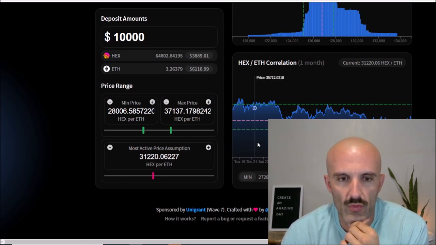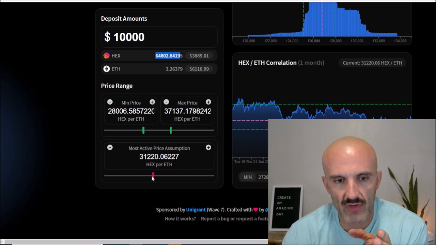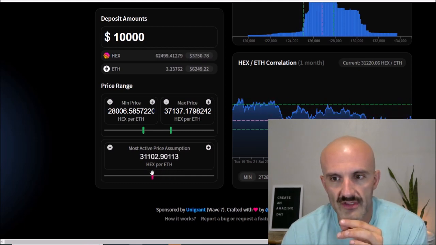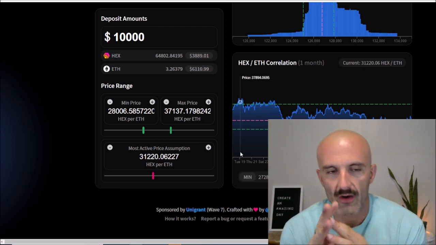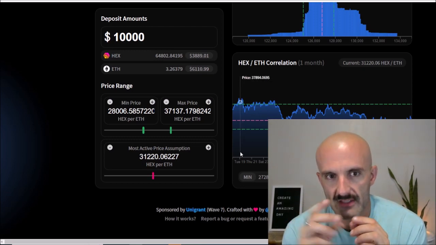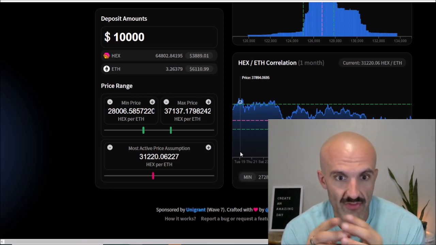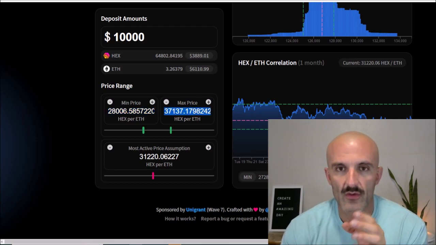Now, how do I use this? Well, we just saw that if the price is outside of here, we have 166,630 hex, okay? But this is where it really is, right? So we're resetting our position right now. Now, we have all hex in our MetaMask. Based upon the range that we're choosing, 28,000 and 37,000, that's these numbers right here and right here, what do we need to do?